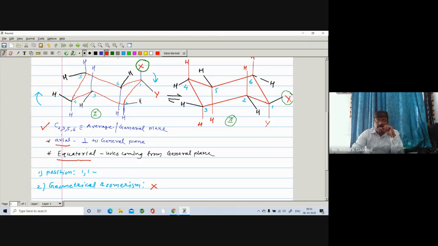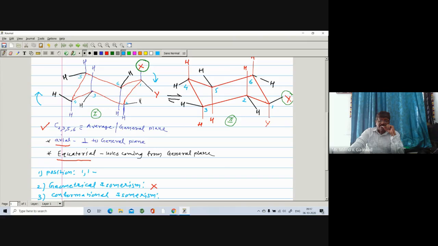The next point that you have learned is conformational isomerism. What is meant by conformational isomerism? These are isomers which can interconvert into each other.